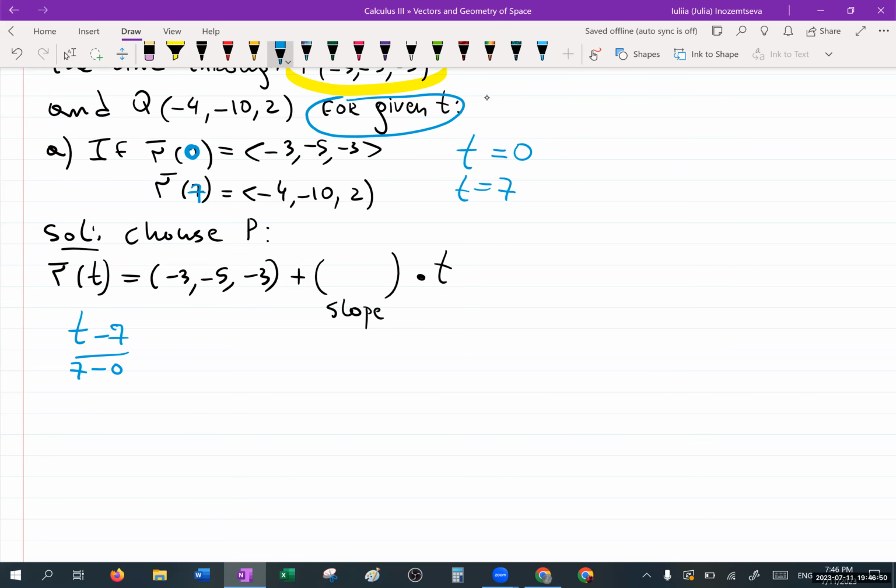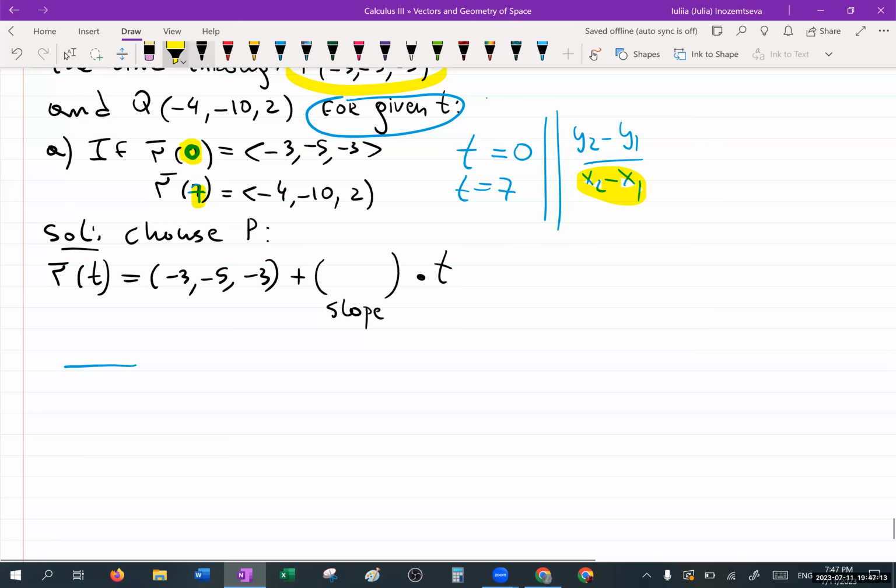So remember the formula. We have lots of formulas of rate, y2 minus y1 over x2 minus x1, that kind of stuff. So next one minus previous one. Input always goes at the bottom. Inputs are 0 and 7. So I will have 7 minus 0. And then the new one is t minus 7.